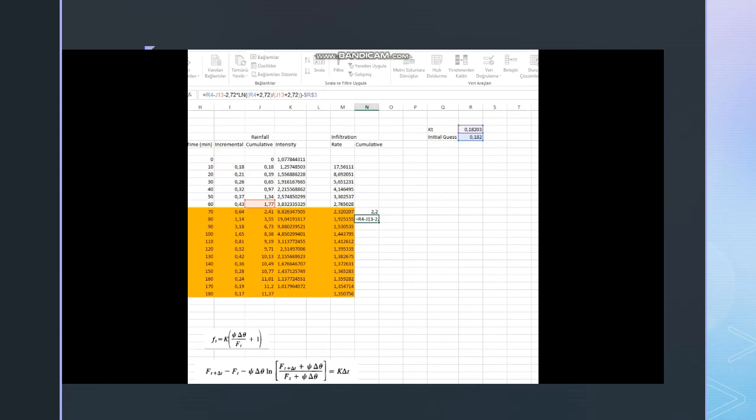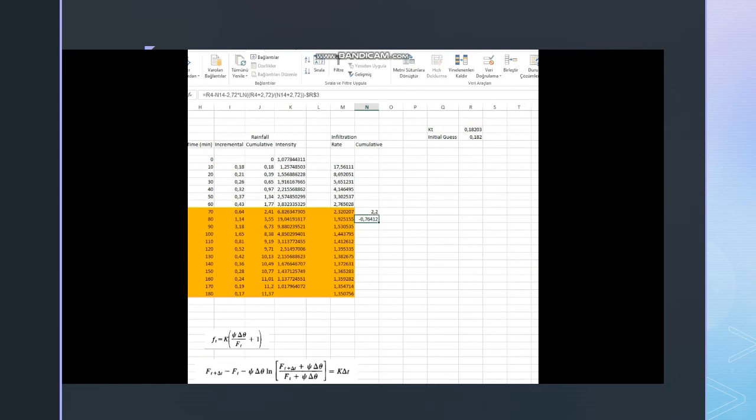So instead of J13, I will choose this guy, which is N14 minus 272 natural logarithm R4, which is our initial guess, then 272, and again I need to change my previous infiltration, which is this guy, and I will just run, okay?